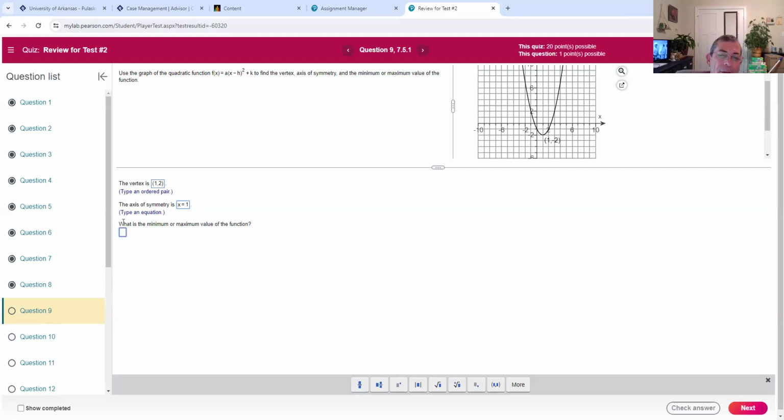Now, let's see if y'all can get this. What is the minimum or maximum value of this function? And notice this one don't have to be in the form of an equation, just that axis of symmetry, okay? All right, so you got a minimum, but what's the value of it, Nat?